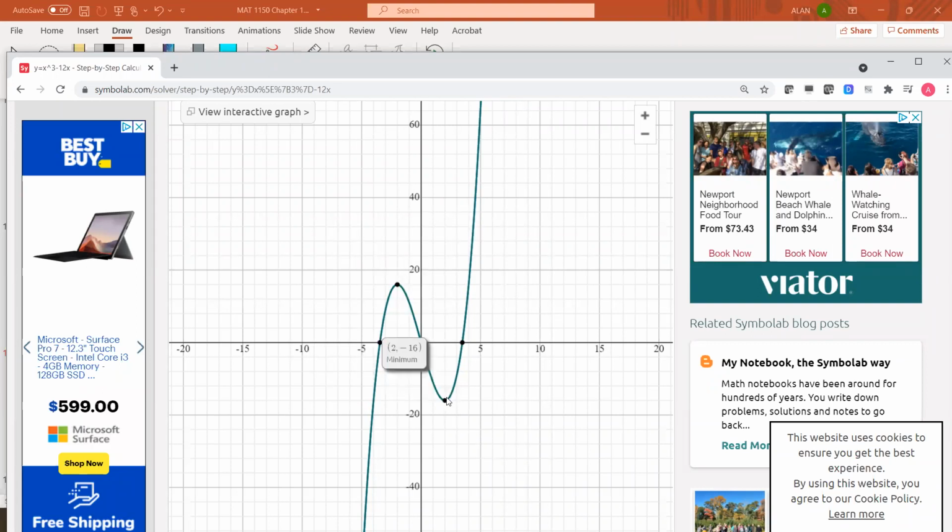Same thing here. We bottom out here with x is 2, y is -16. There are values of y less than -16, but not in this immediate area. So these are referred to as a relative or local maximum and a relative or local minimum.